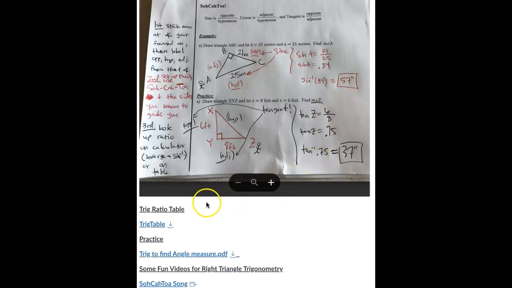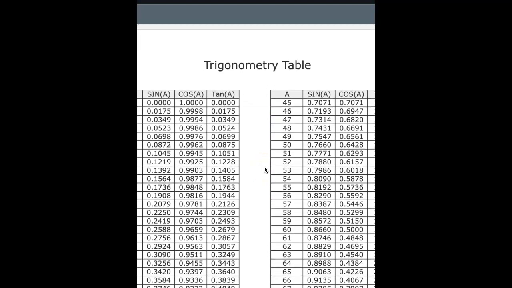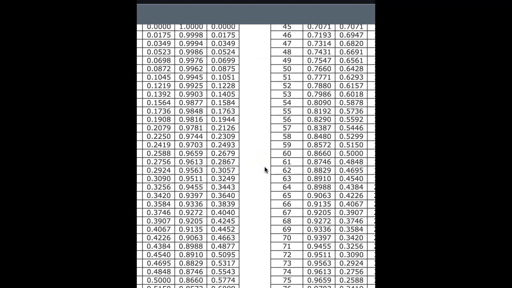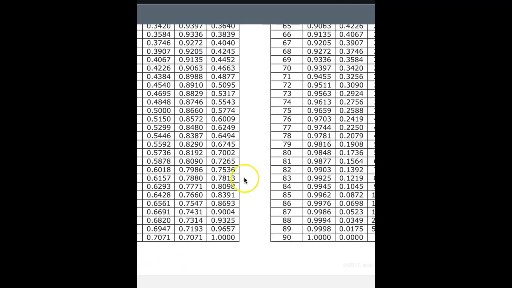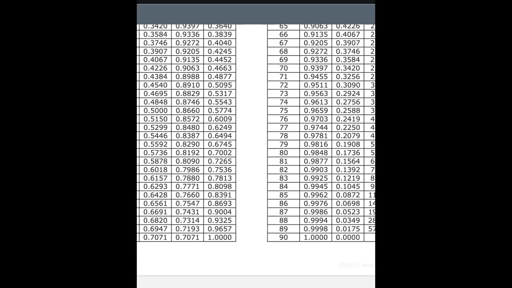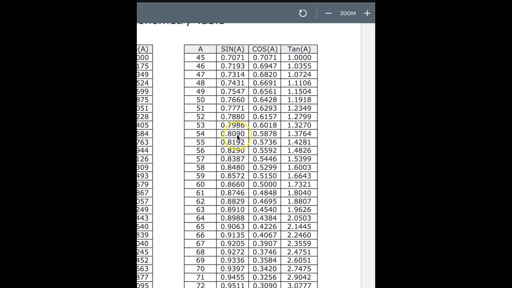The other option is to look this number up, 0.84, on a trig table. Let me see if I can open that up. If you look this up on a trig table under the sine column, the first column is the sine column, and you can see that when I scroll up.